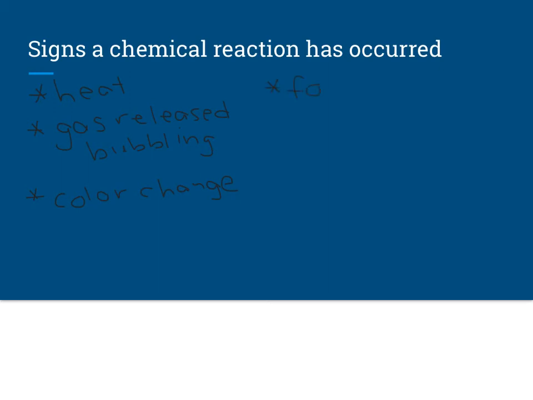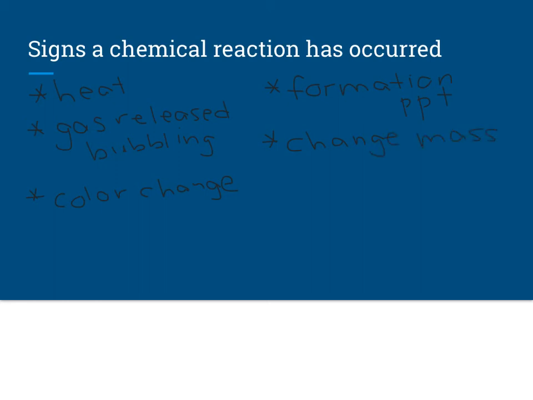The formation of a new substance or a precipitate, and I'm going to abbreviate precipitate, PPT, is a sign a chemical reaction has occurred. Precipitates are those things that do not dissolve in water. So if I were to mix two liquids together and all of a sudden end up with a solid, that would be a sign a chemical reaction has occurred. Our fifth one is going to be a change in mass.